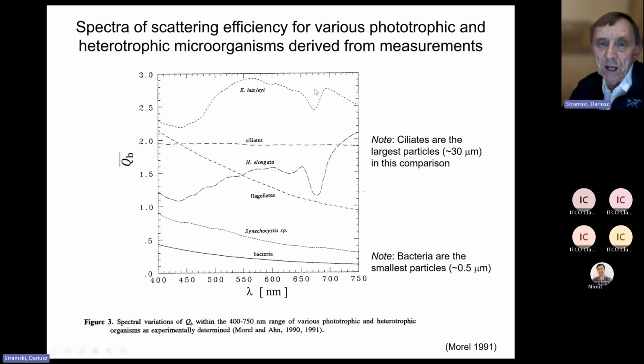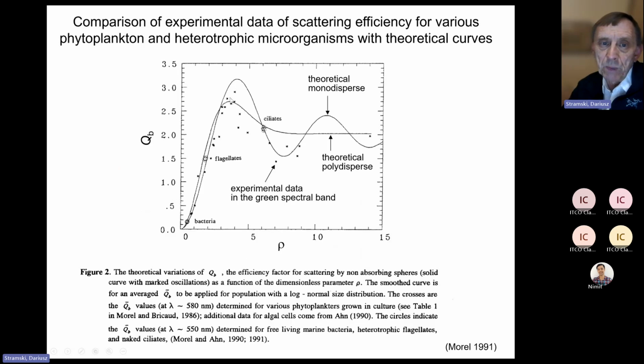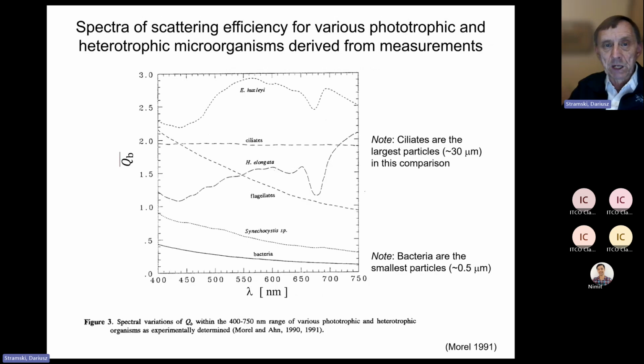But the bottom line is that this spectrum of scattering for this particular species exhibits a maximum more or less in the middle of the spectrum. And this is because the spectrum is now located within this primary maximum of the theoretical curve. So the rho values are somewhere here in this region, and this is how we can explain the behavior of scattering for Emiliania huxleyi.